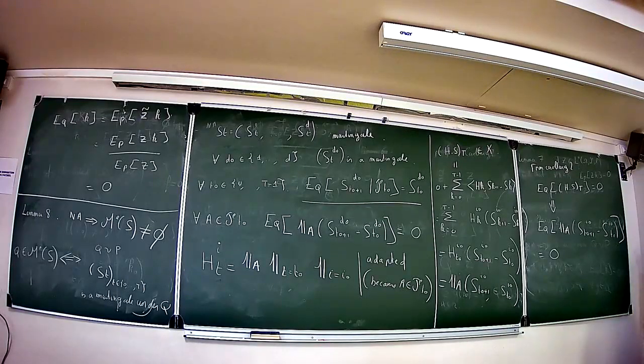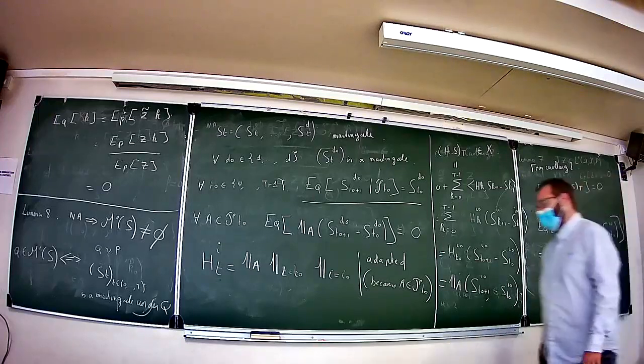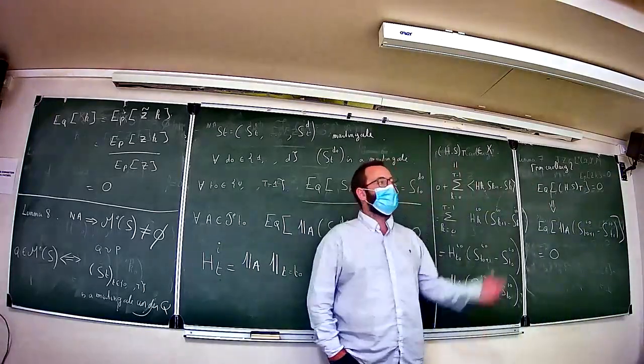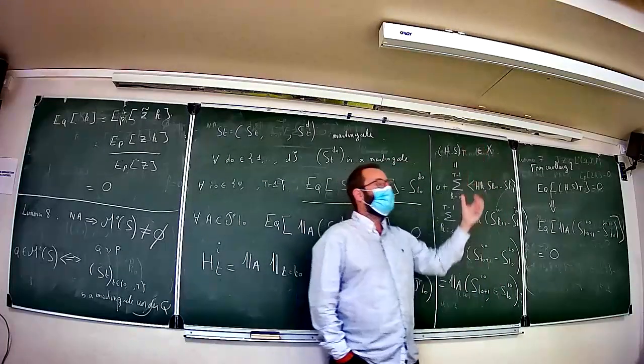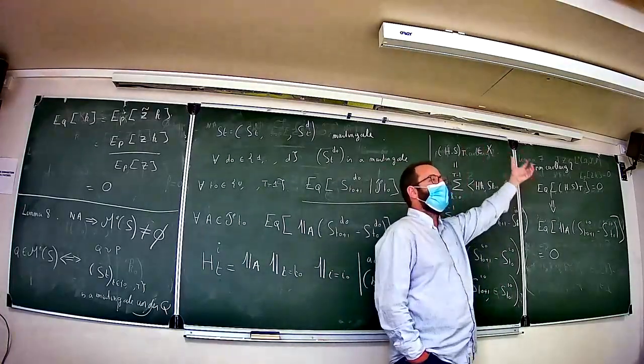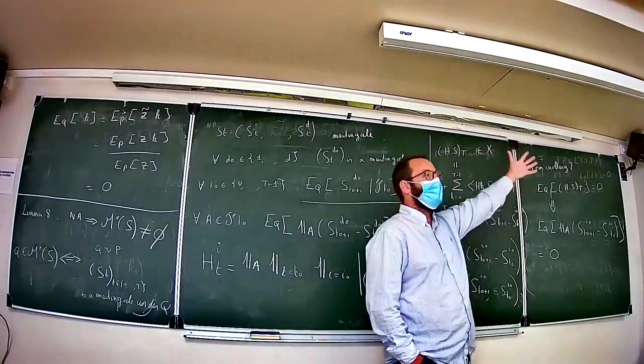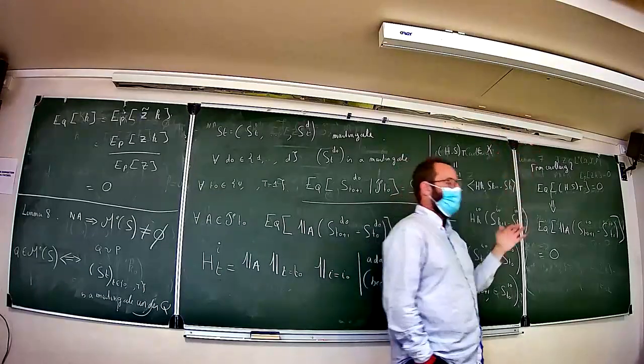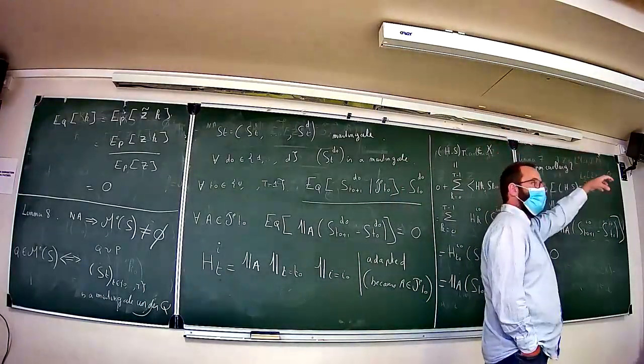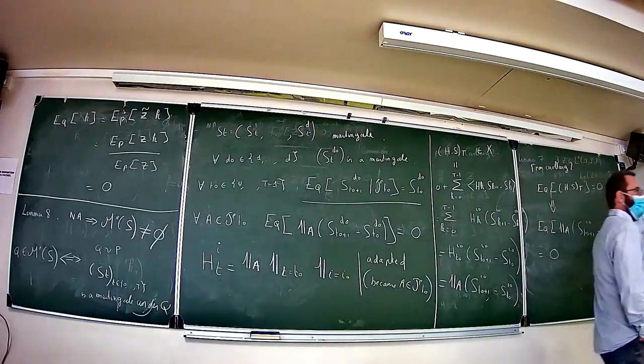What I have, starting from the fact that I have a Q that fulfills, for any k in calligraphic K, the expectation under Q of k is 0, is my starting point. I have said I want to prove that this Q is an equivalent martingale measure.